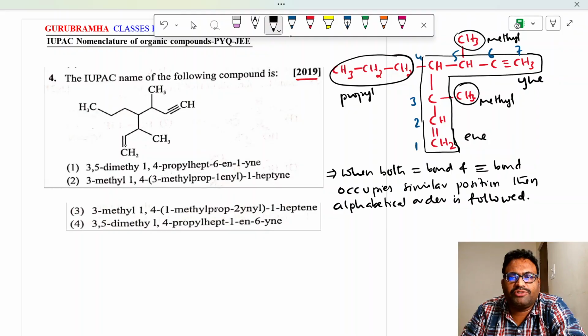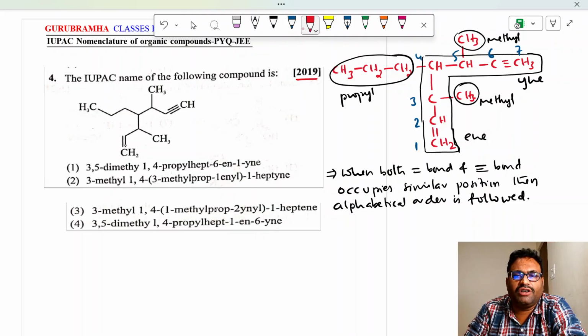When more than one substituent is present, when writing the IUPAC name you have to follow alphabetical order. Among M and P, M comes first. So first we have to represent methyl. There are two methyl groups.